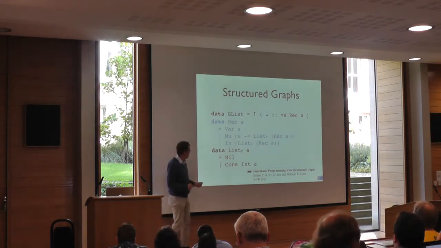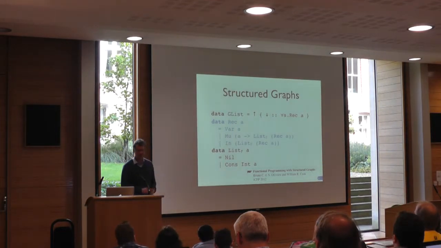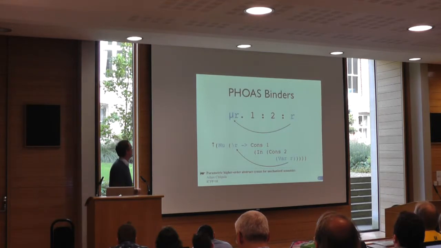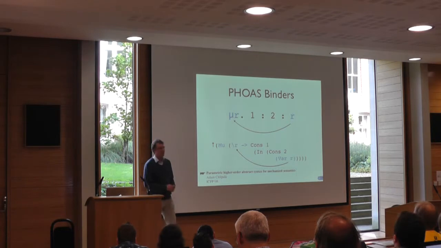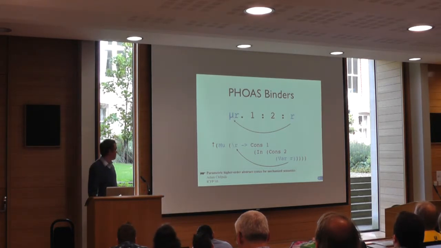The constructors we're using are the ones for the list, nil and cons, to potentially represent infinite streams. So this representation makes the binding explicit using these Mu and Var constructors so that we can see where the cycles occur and where the variables are pointing to. So this is basically a parametric higher-order abstract syntax representation of our graph.